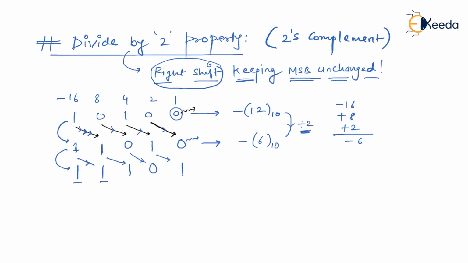Look at where we have ones and their binary weights: -16, then 8, then 4, and one more below it, 1. If you add all of them, you get -3. So this is -3 to the base 10. What you did in binary was a right shift, and in decimal you see the effect: again it is divided by 2.